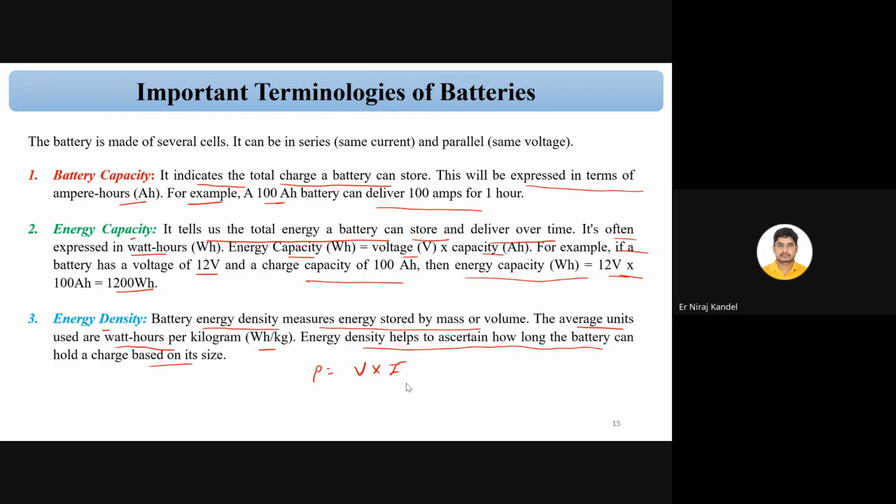Suppose the battery is under charging, then what is the logic behind the calculation of state of charge of a battery?